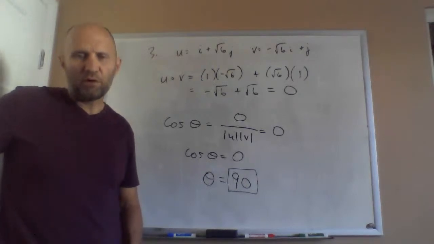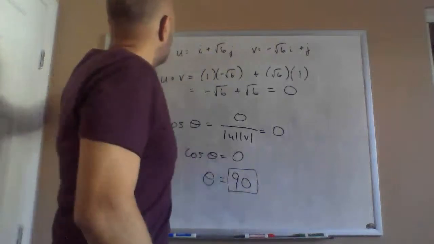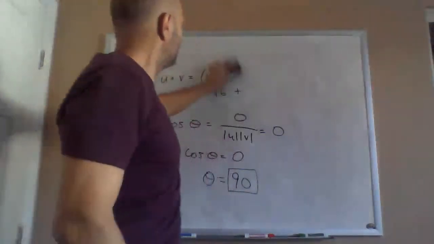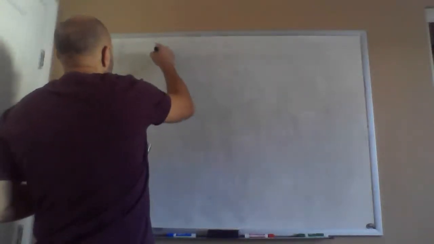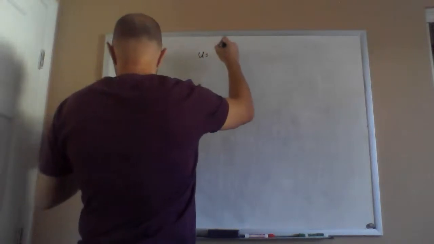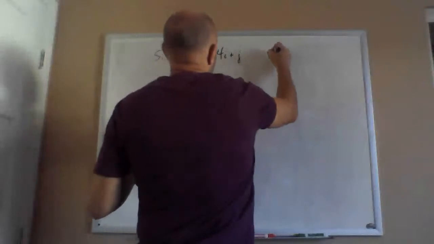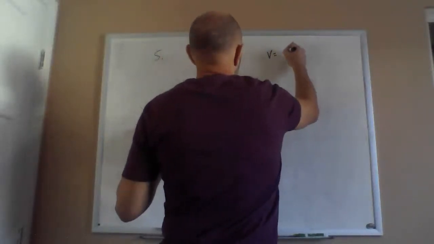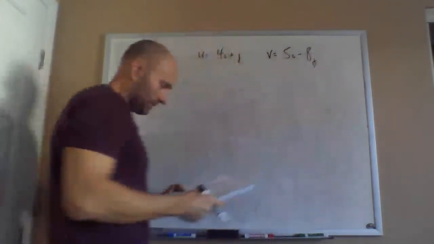Any questions on that one, number 3? And then I'll let you guys try number 5 now that you have the formula. So number 5, we have U is equal to 4I plus J, and V is 5I minus 8J.